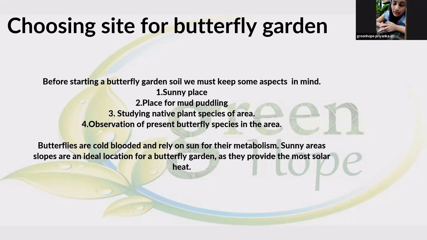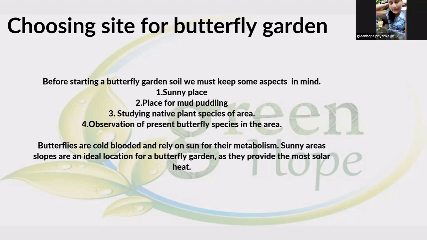You can go to any nearby wild area, your society garden, any wild park or any place near where you want to make a butterfly garden, or in your house. You have to understand the diversity of butterflies and whether biodiversity is available or not. And you make the list of the butterflies, click pictures, make data, all these things.